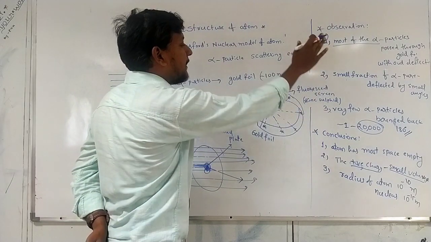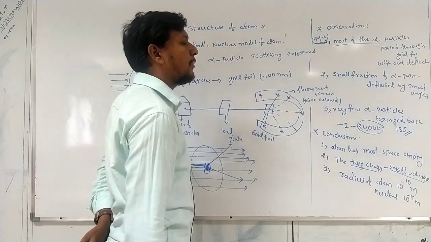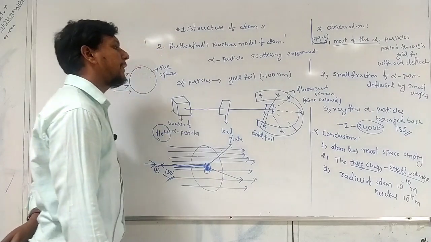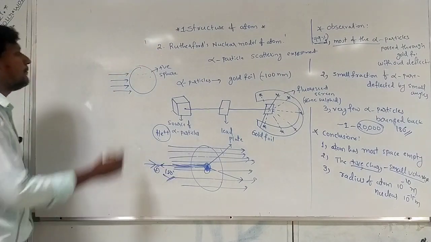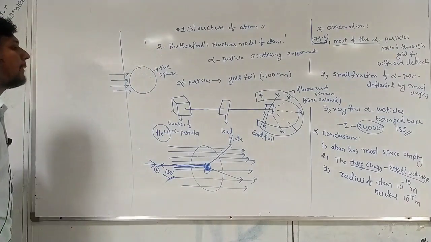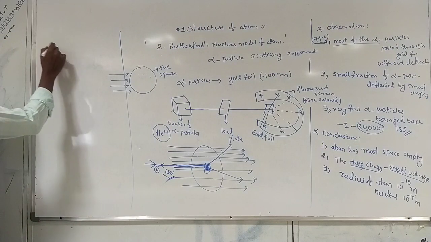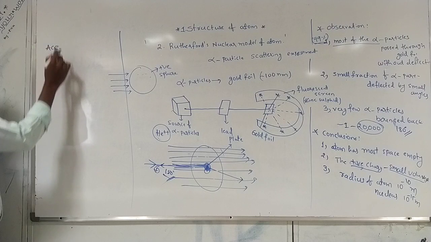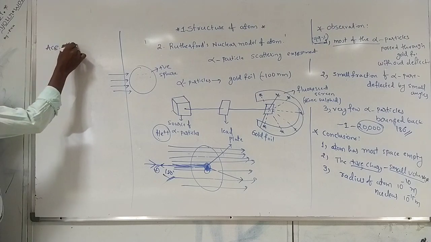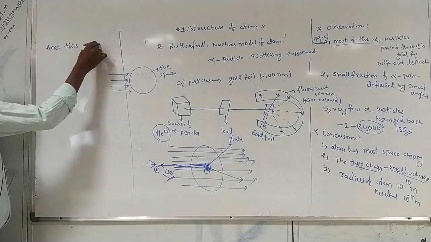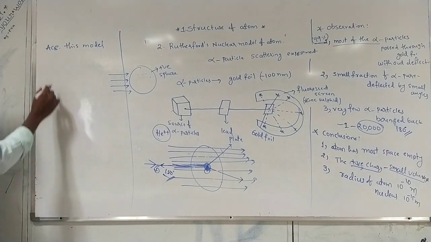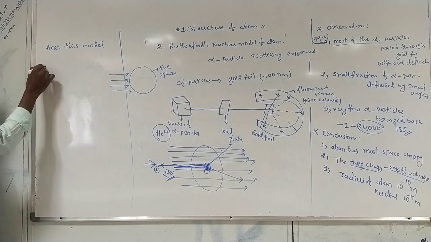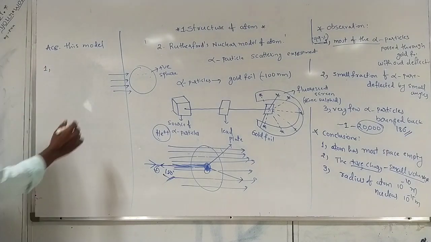From these observations and conclusions, Rutherford proposed the nuclear model of the atom. According to this model, some postulates are there. I am writing the first one.